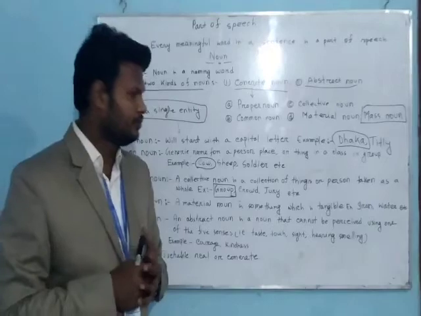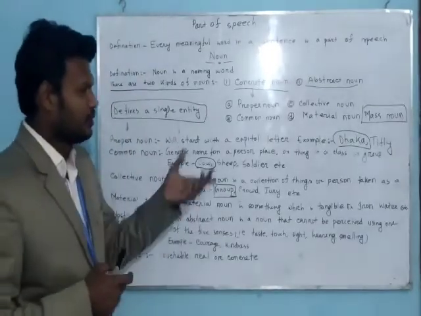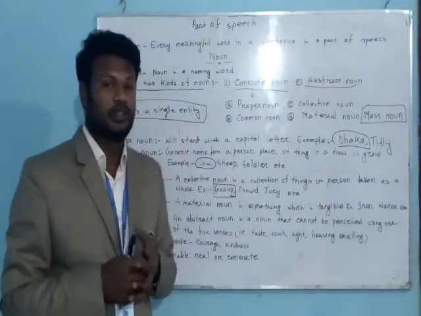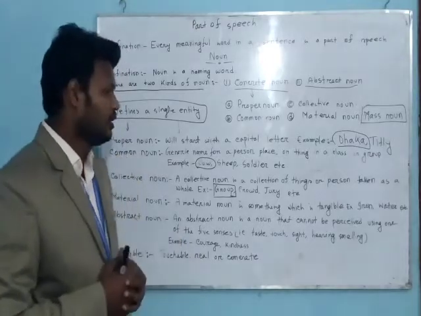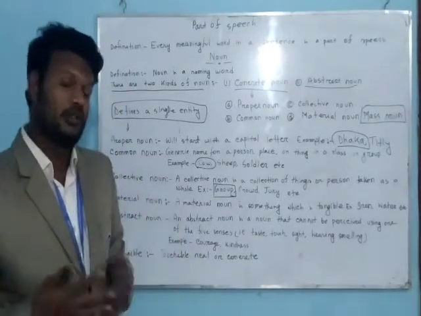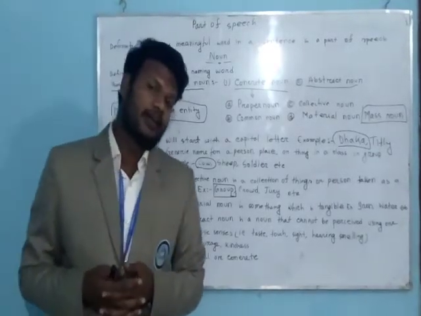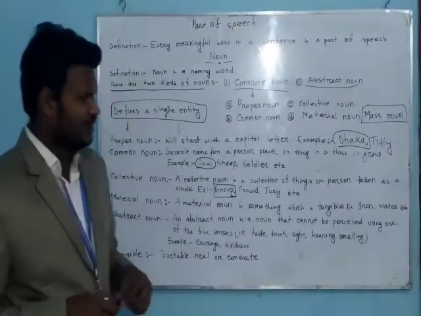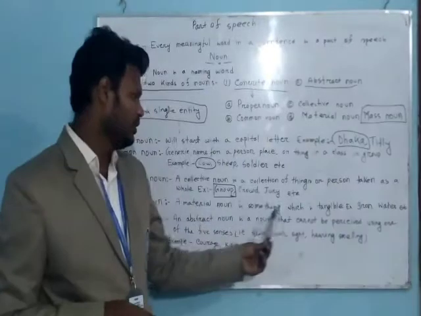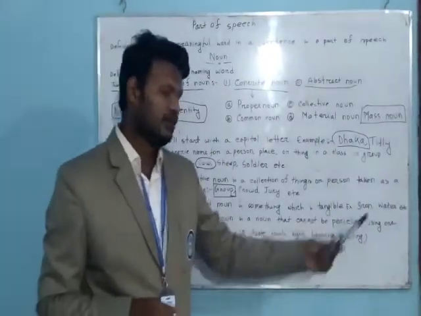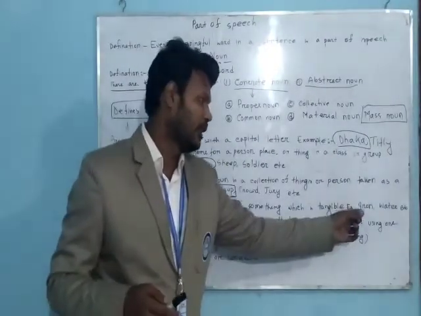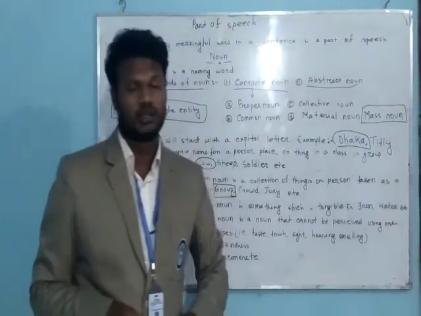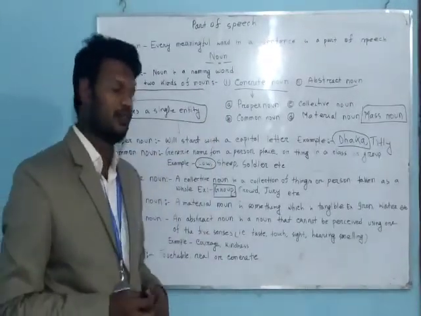So you can measure water, and I hope you have got the meaning of tangible here: something that you can see, you can perceive, you can measure, and it has a weight. So a material noun is tangible, and you can perceive it through your eyes. So iron, water, or silver, something like that.